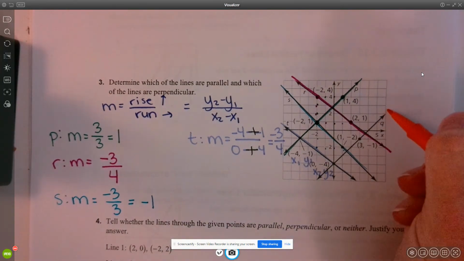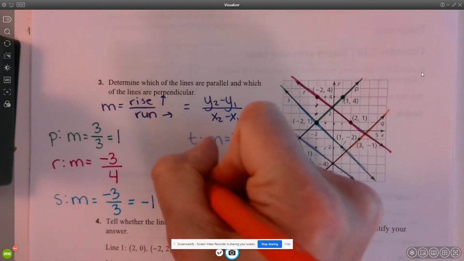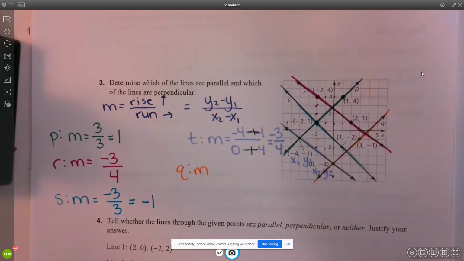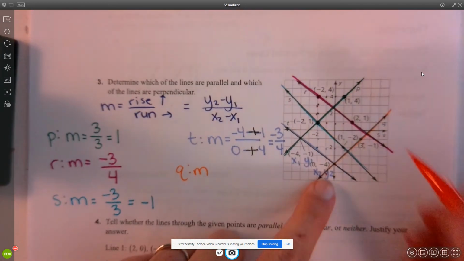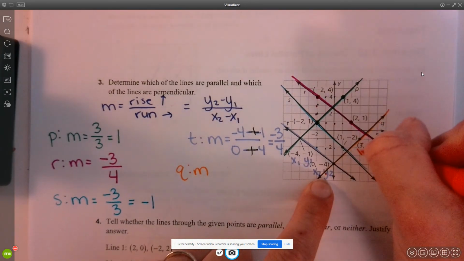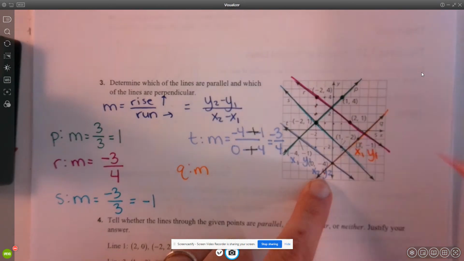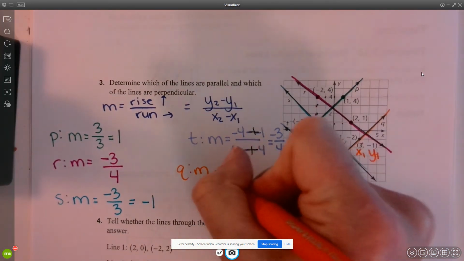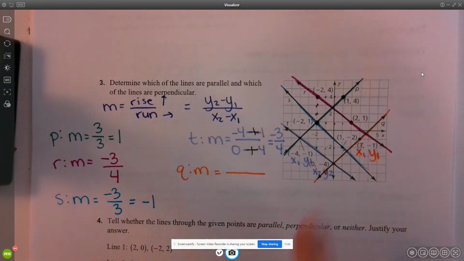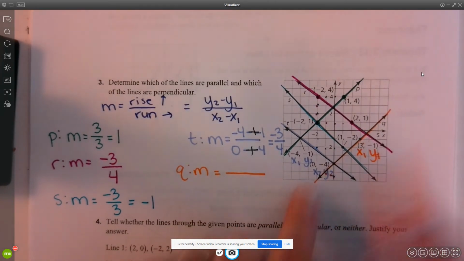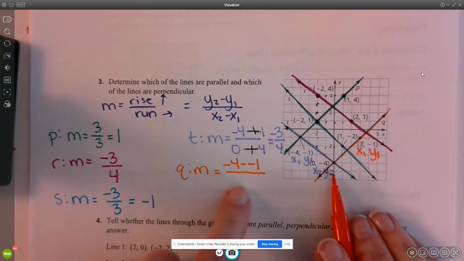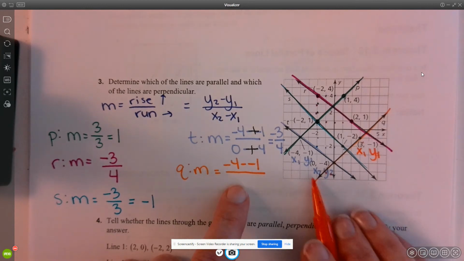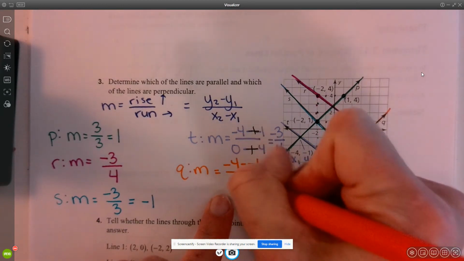Lastly, I'll go ahead and find the slope of line Q. I will use this point and this point. So this one's already labeled x2, y2. I'll go ahead and label this one x1, y1. So the slope, y2 minus y1, is negative 4 minus negative 1 over x2 minus x1, sorry, 0 minus 3.